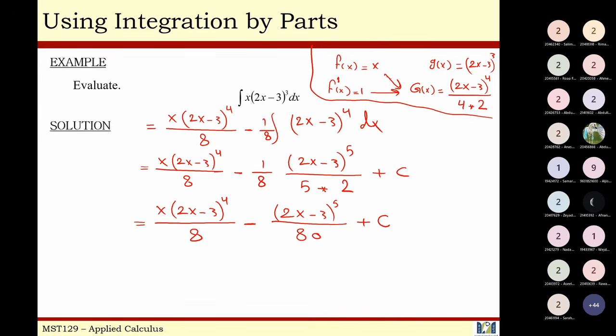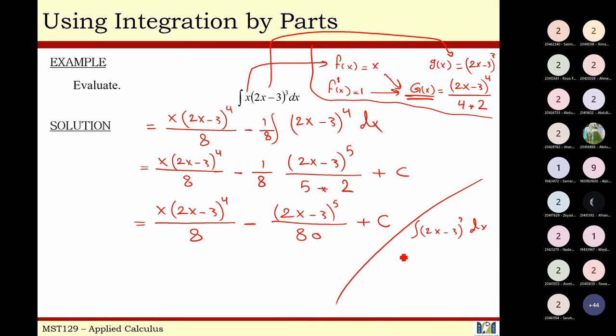Let f of x equal x. This is x and this is equal g of x. Okay, by parts. But when we find the capital G, this is by substitution, because the integral of (2x minus 3) all to the power 3 dx, we can put u equal to 2x minus 3.